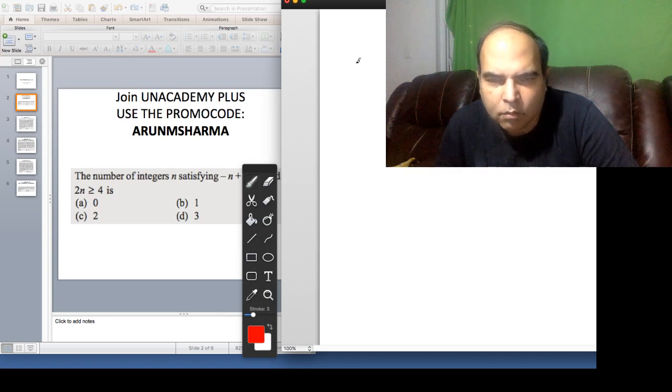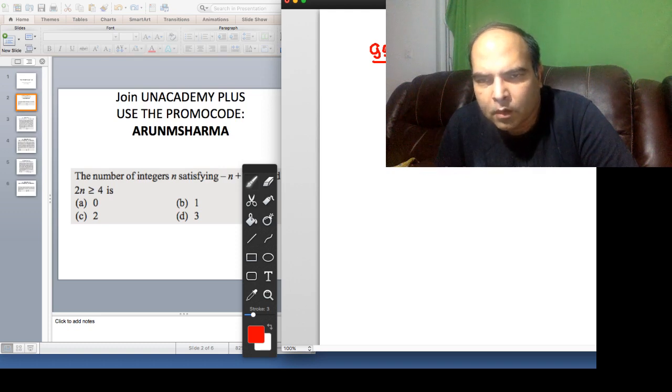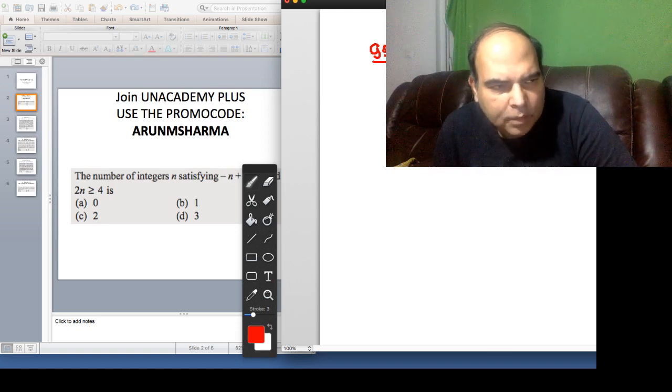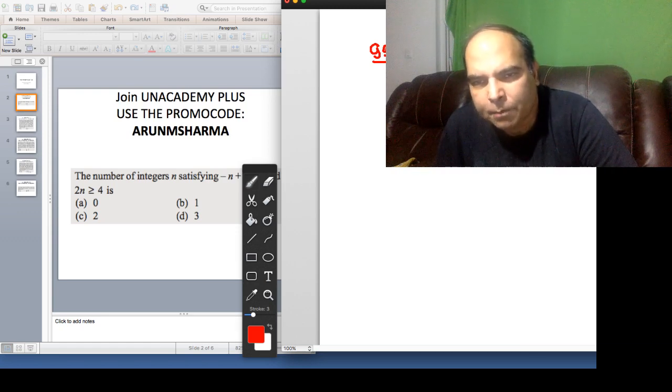I would typically tend to think that the 99th percentile, and this is my prediction, other people might differ and I've not really looked at what everybody is saying, would approximately be in the 65 plus range, because this paper was tougher than the CAT 17 paper.